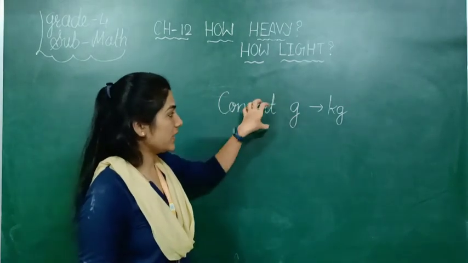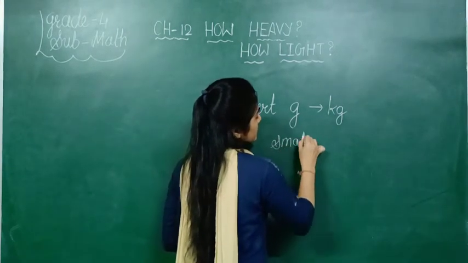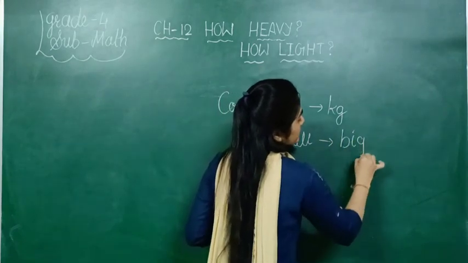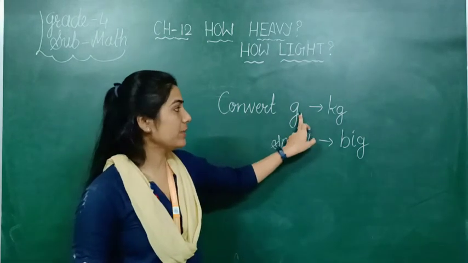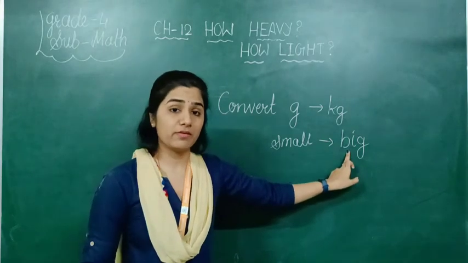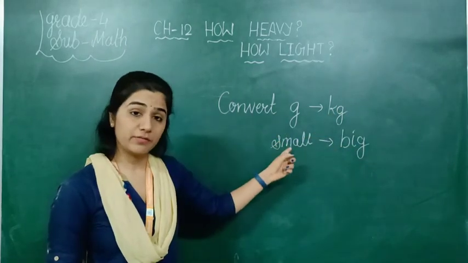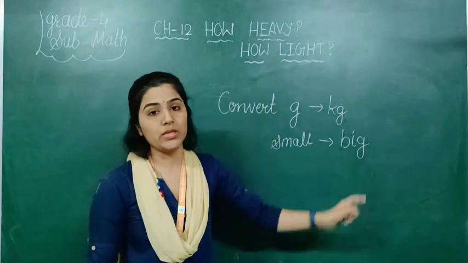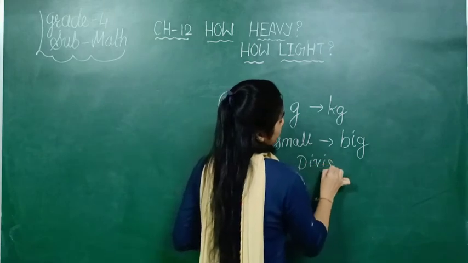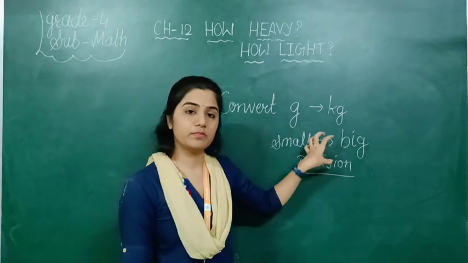Gram is a smaller unit than kilogram, so we are converting a small unit into a big unit. Whenever we convert a small unit into a big unit, we have to do division.